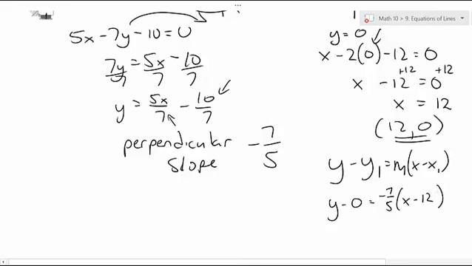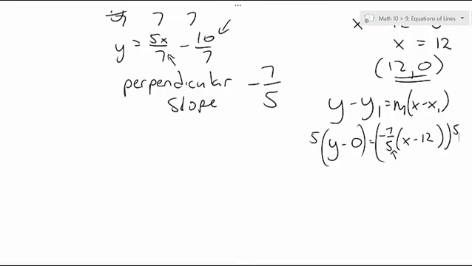Well, what we have to do is multiply everything by 5 to get rid of this 5 in the denominator. So now we have 5y here, and this equals negative 7x plus 84.